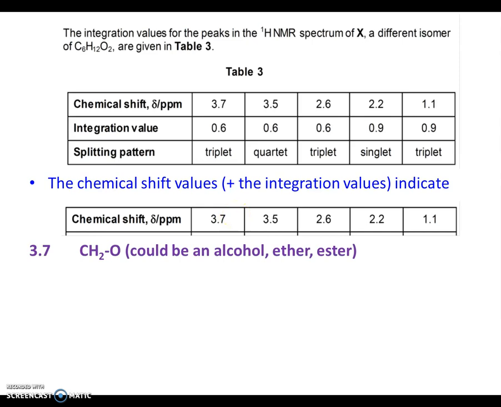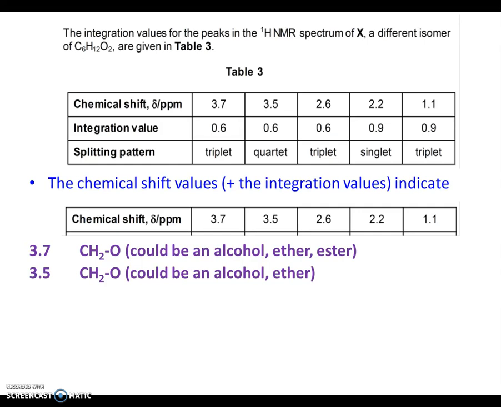So the first one is 3.7, so it's a CH2 because we know it's 2 hydrogens. We'll assume they're on the same carbon and that carbon's bonded to an oxygen, so it could either be an alcohol oxygen, an ether oxygen, or an ester oxygen. We're not quite sure at this point.